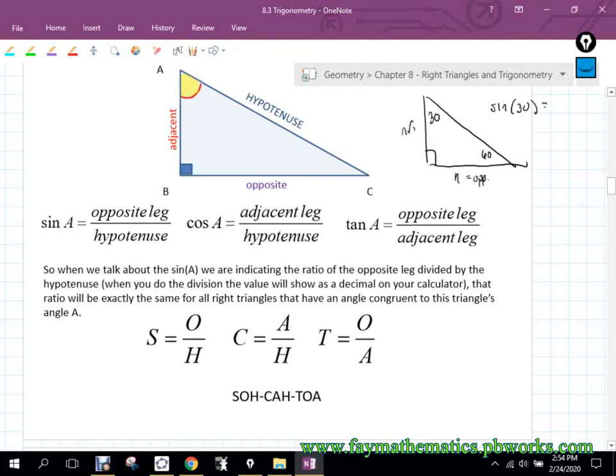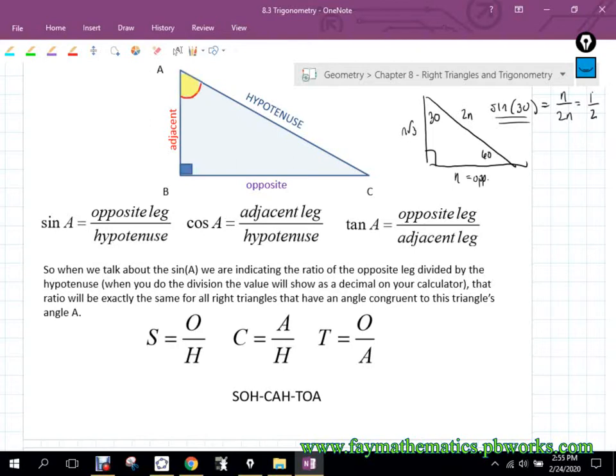This is n radical 3, and this is 2n. Well, sine of 30, we just said, was identified as the opposite leg, which is n, divided by the hypotenuse, which is 2n. Well, what does n divided by 2n reduce to? What happens with those n's? They cancel out and leaves you 1/2, right?